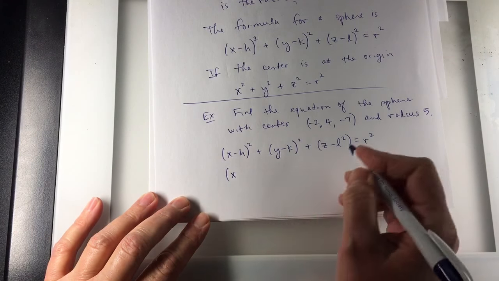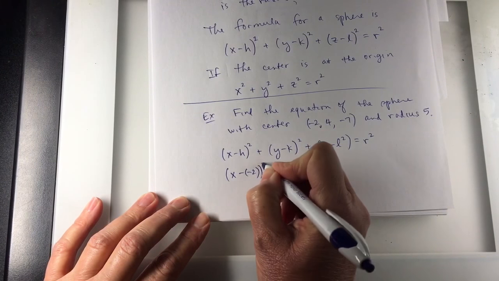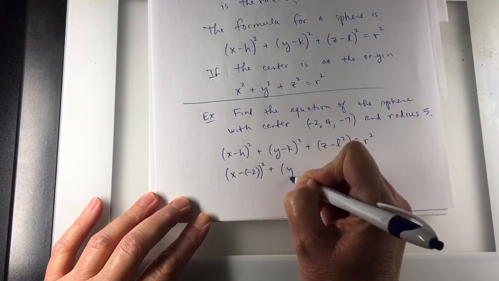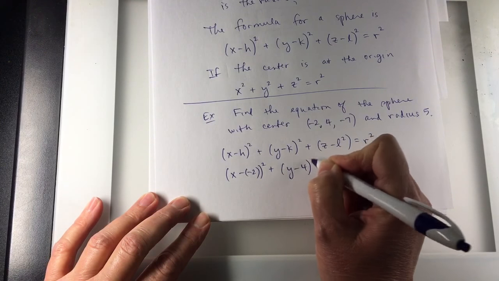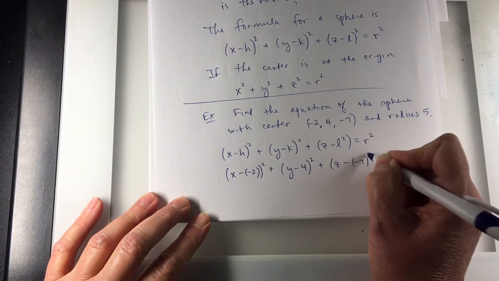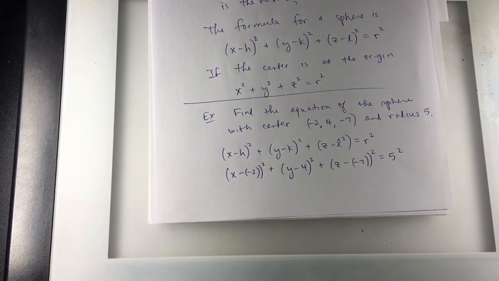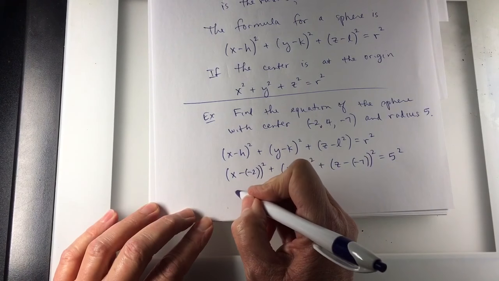Okay, I got x minus -2 squared plus y minus 4 squared plus z minus negative 7 squared equals 5 squared. And I can simplify this a little bit. Sometimes I'll call that clean it up.